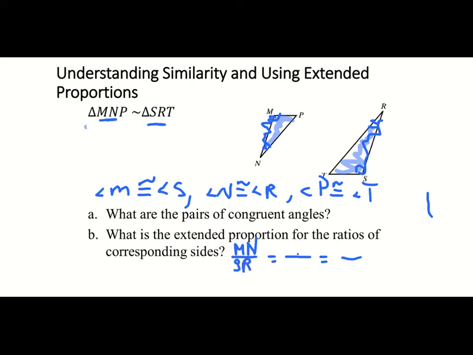Then we could do next NP and RT. So I could say NP is in proportion to RT. And then finally, our last pair, we have MP and ST. They are all in proportion to each other. And since we don't have numbers, that's all we can do to write the extended ratio.